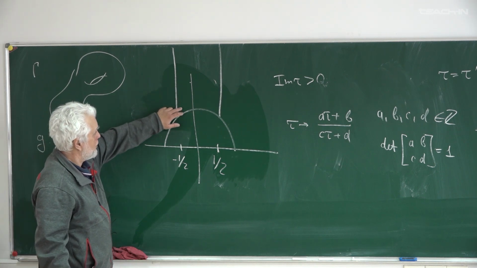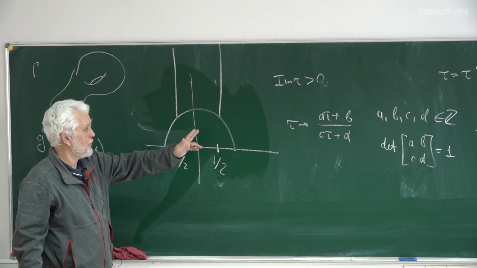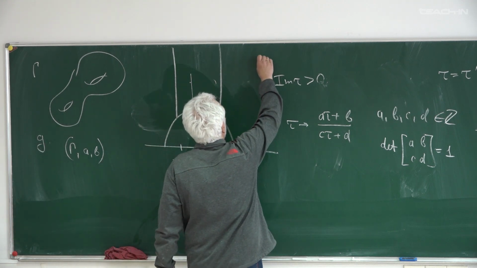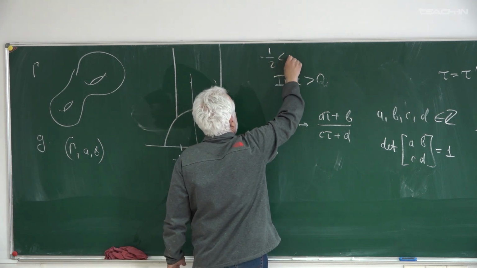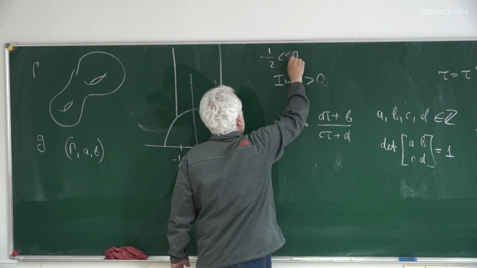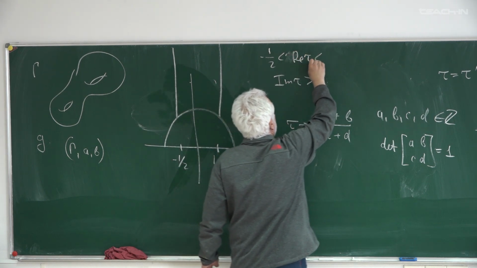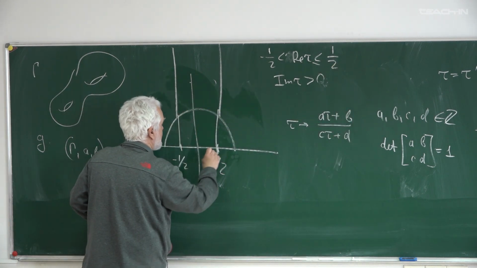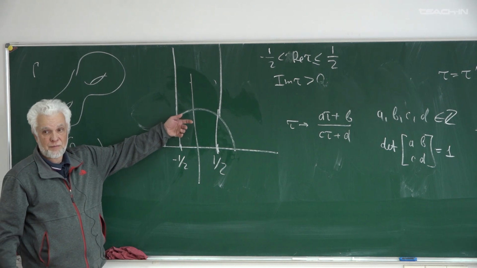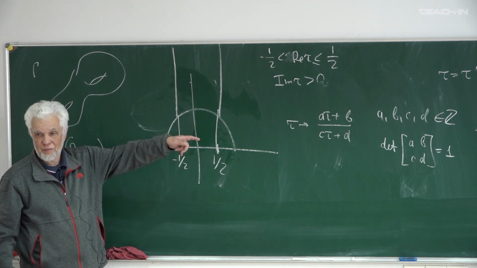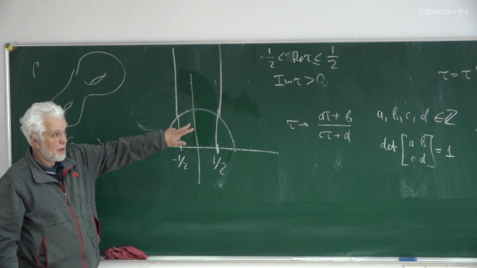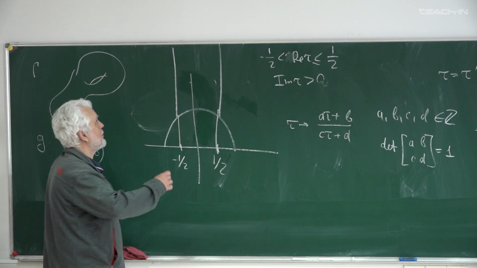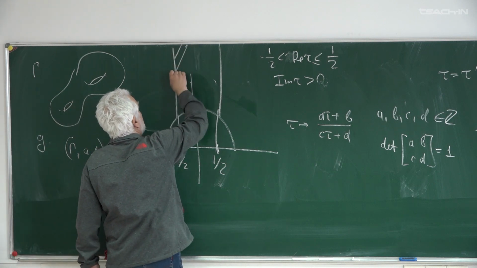First of all, you see that using the first group, we can always assume that we can put the point inside this domain by using the first. And the statement, okay, let me not prove it, let it be an exercise for you, is that the fundamental domain for the group is this one.